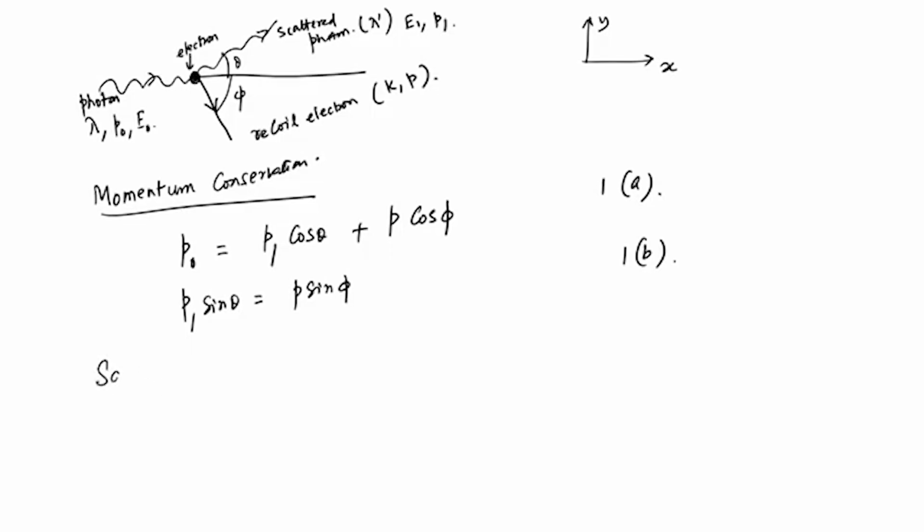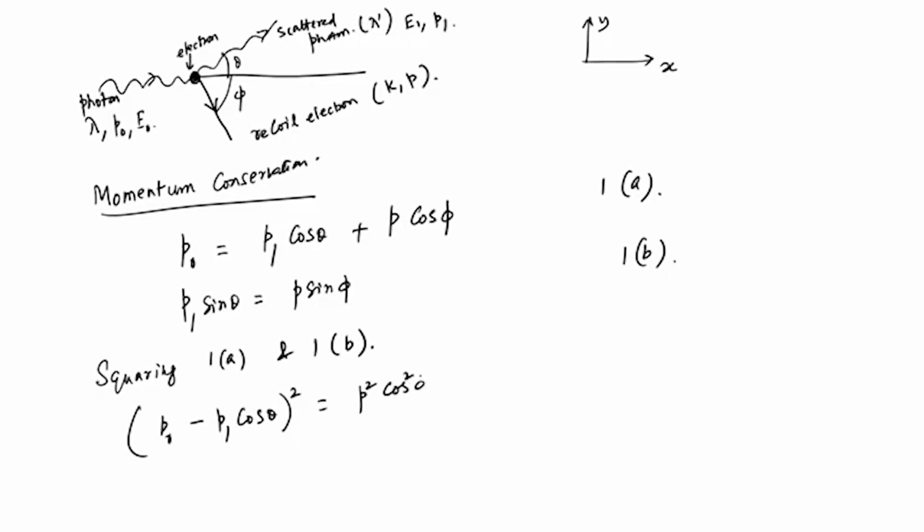So if you square 1A and 1B, then we get (P0 minus P1 cosine theta) square is equal to P square cos square phi.